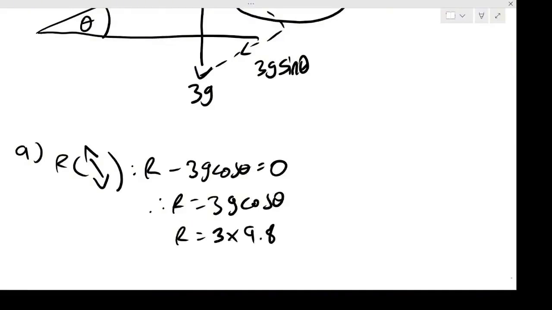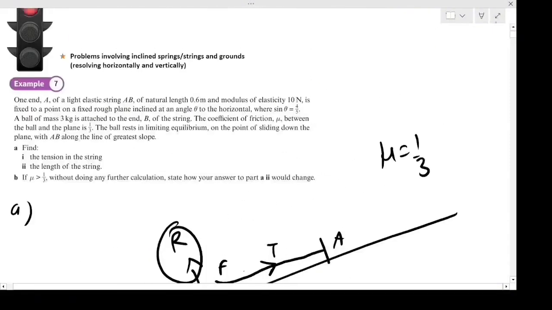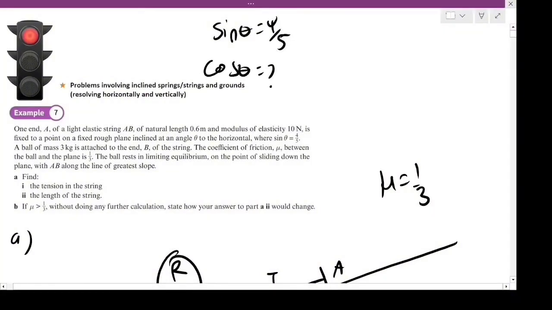But we need to find something for cos theta. Now, we don't have an angle for theta. We only know what sine theta is, that's 4/5. But hopefully you're familiar with how we can obtain cos theta from this. We don't need to find theta directly by doing inverse sine.